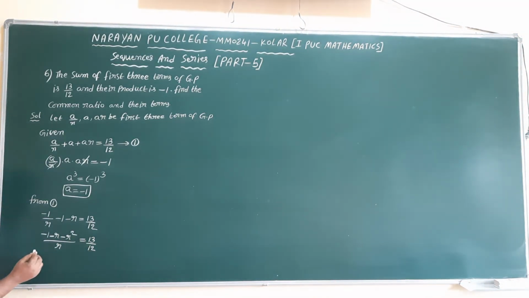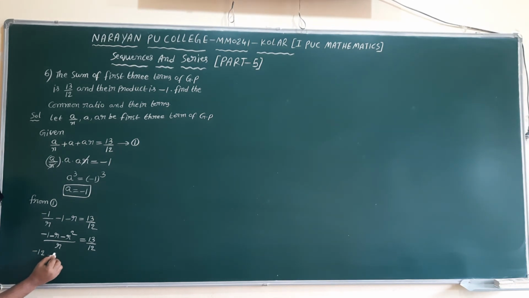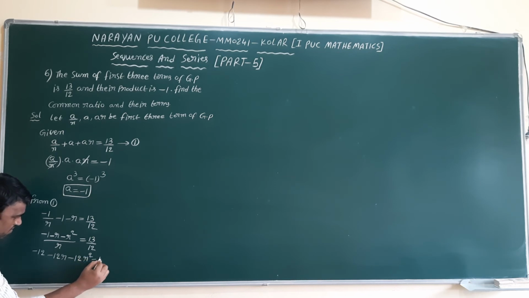Cross multiply. -12 minus 12R minus 12R square is equal to 13R. These are all minus values, send right side. 12R square plus 13R plus 12R, 25R plus 12 is equal to 0.